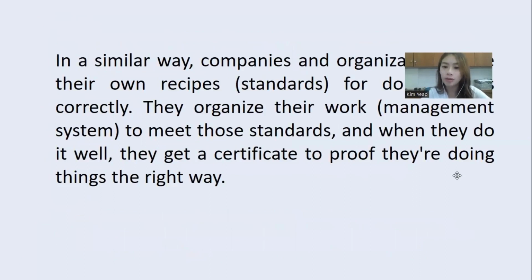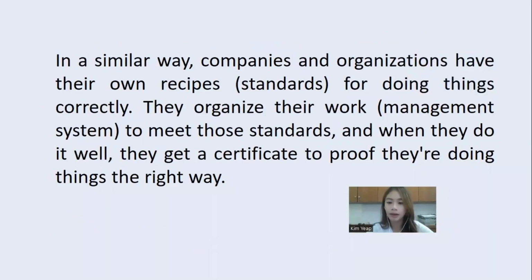So let me give you a little linkage, to link the relationship between a standard, a management system and a certificate, because even after the explanation, some of you will still feel confused. Standard and management system sound so similar. So what's the difference between them? This is the linkage. Taking making a cake as an example, in the business world, it means companies have their own recipe, standards for doing things correctly.